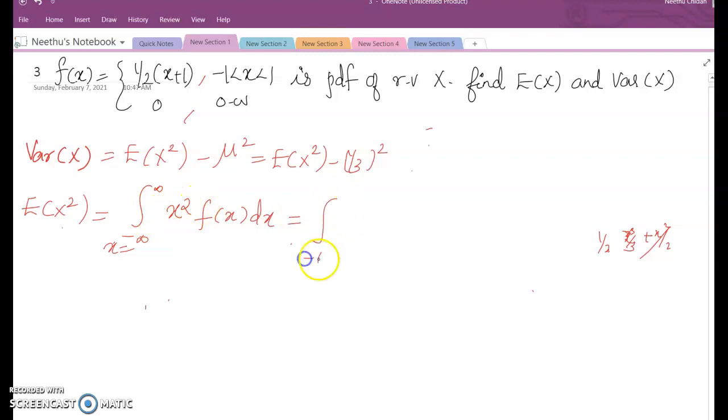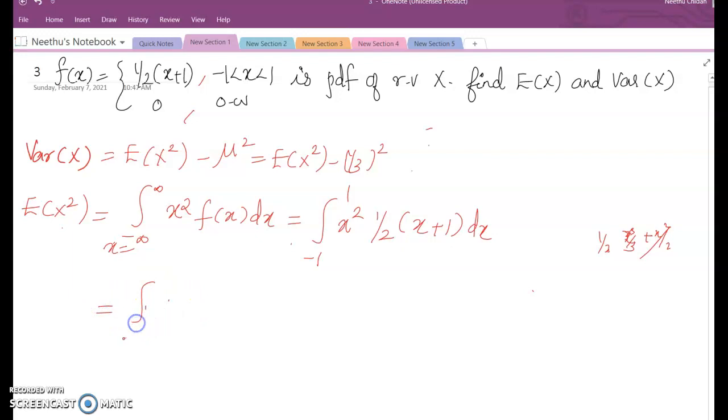Again here the limit is minus infinity to infinity, and f is not defined over the complete range. Therefore, it can be written as integral minus 1 to 1 x square f of x, with f of x being 1 by 2 into x plus 1 dx. It is the same procedure as before: minus infinity to minus 1, plus minus 1 to 1, plus 1 to infinity. The first and last parts are 0. The remaining term is only integral minus 1 to 1 x square f of x.